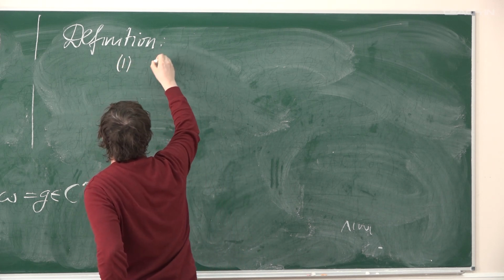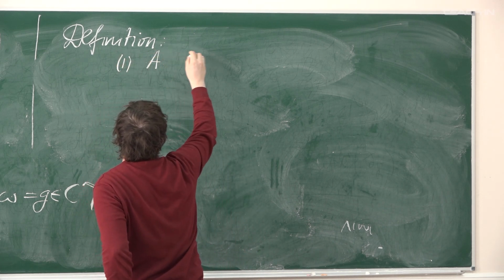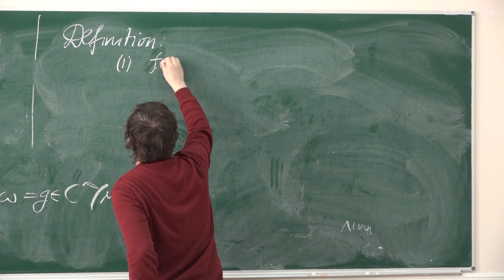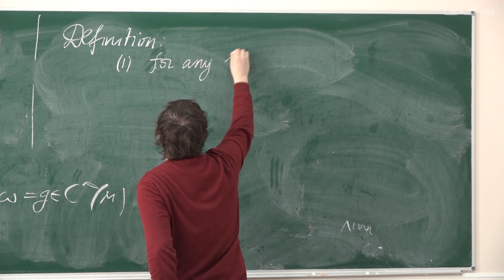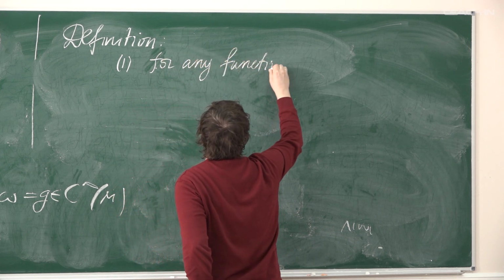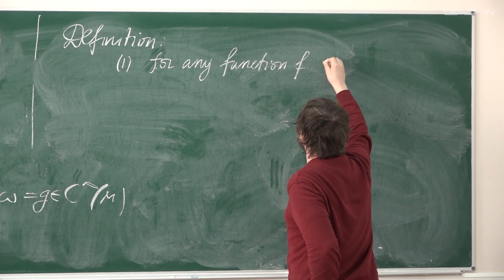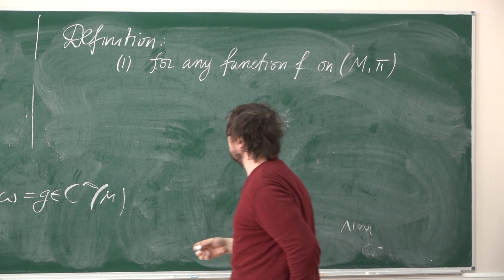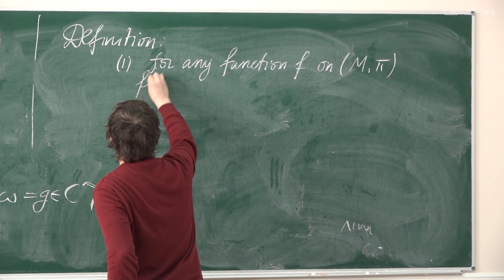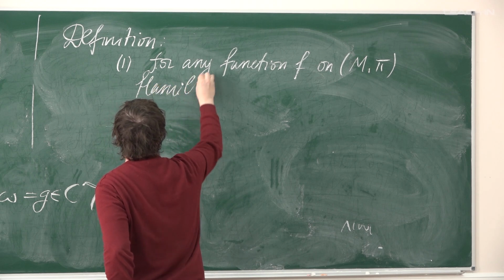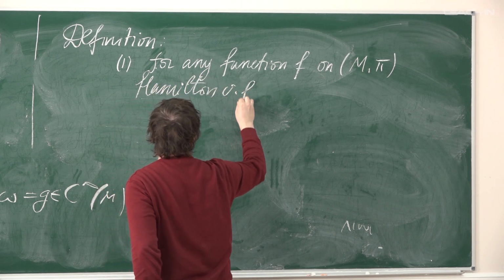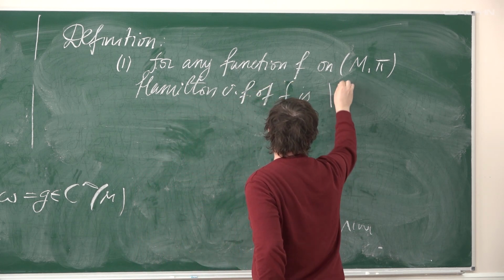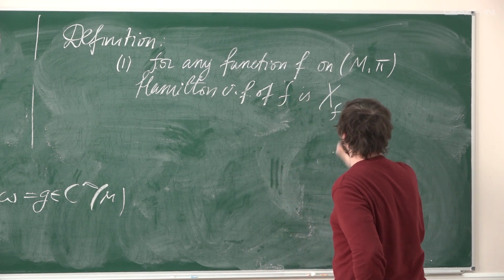First, for any function f on a Poisson manifold, we can define its Hamiltonian vector field of f, X sub f, given by definition.